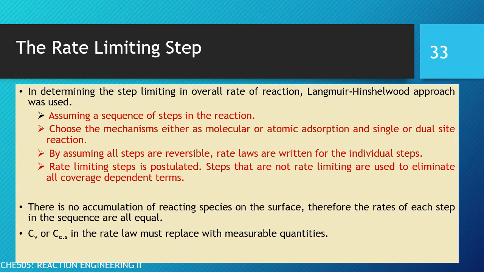For example, in the adsorption step, the mechanism is either molecular or atomic adsorption, whereas for surface reaction, it is either a single site or dual site mechanism, or it can be an Eley-Rideal mechanism.